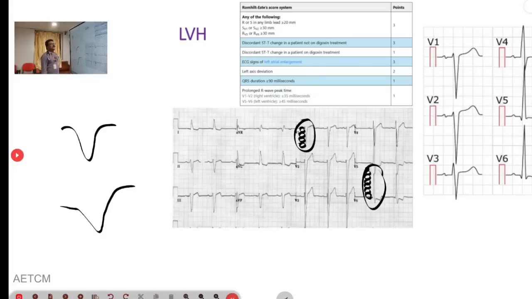So more than 35 small squares. If you add these two and it is more than 35 small squares, then it is diagnostic of LVH, and the strain pattern is asymmetrical.